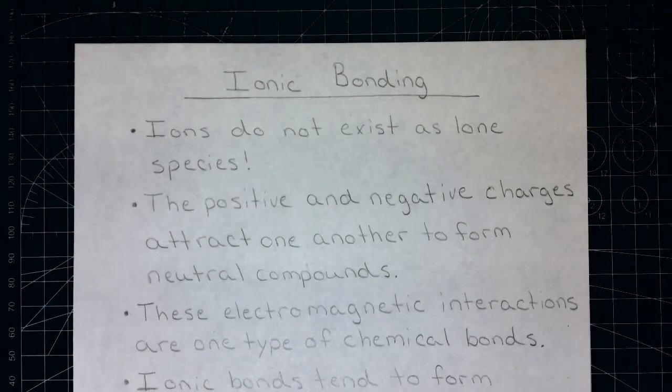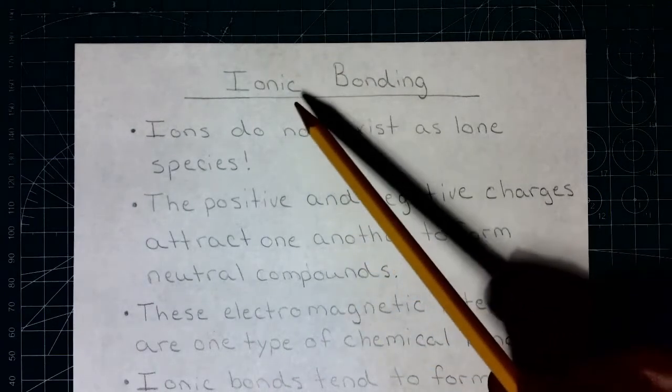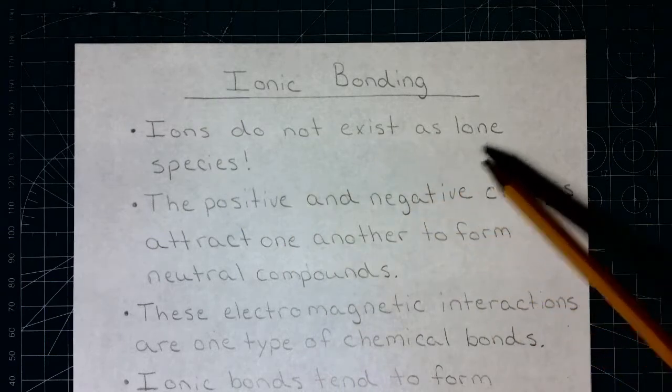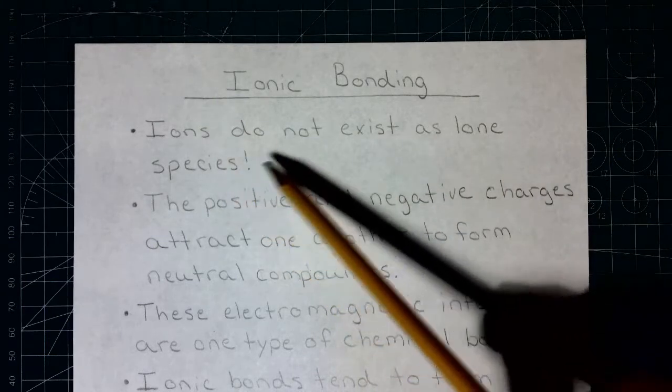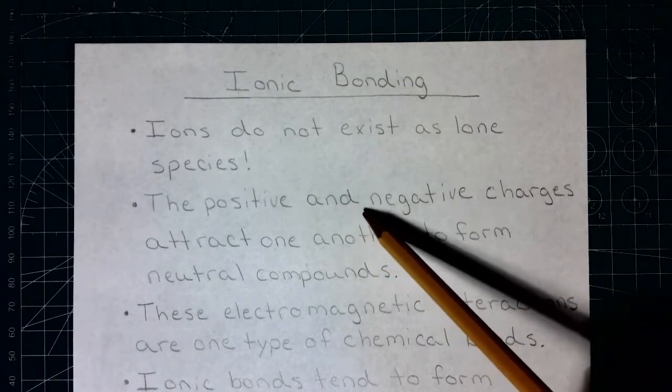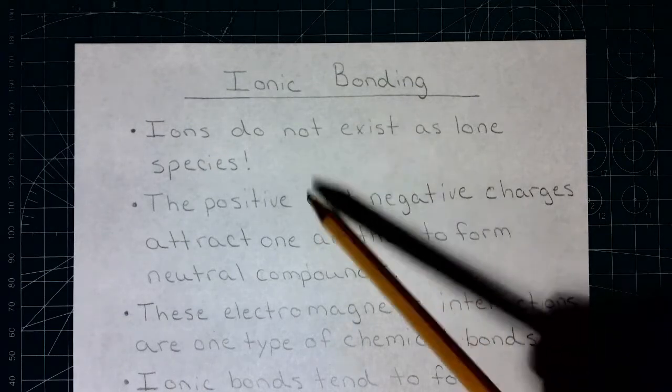So now that I've brought up the subject of ionic bonding, let's talk a little bit about what that is. Ions do not exist as lone species. You can't just have a bunch of ions in a container that aren't being counterbalanced.